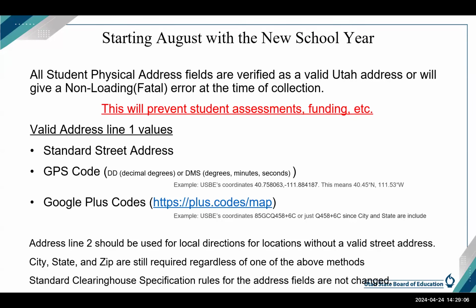And those homebrews are GPS code, and that's using either the decimal degrees or the DMS, the degrees, minutes, seconds. And I've got examples on here, what that is, what that looks like, and what we're recommending for that sort of standard format. There can be a lot of personalization of how people use those.